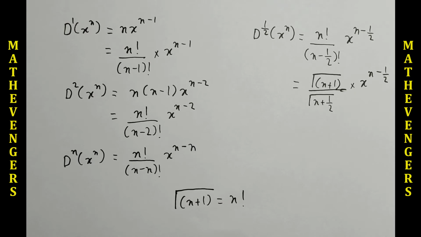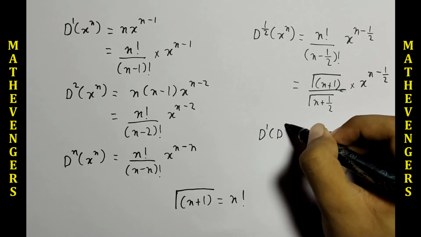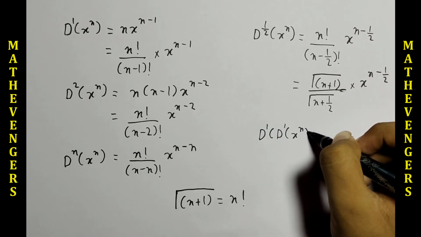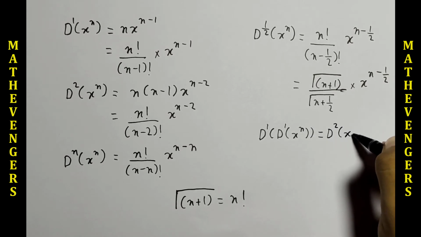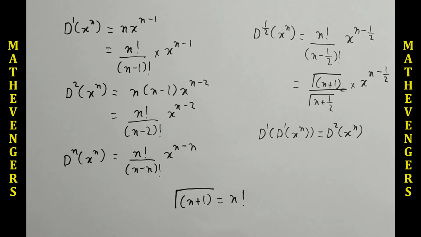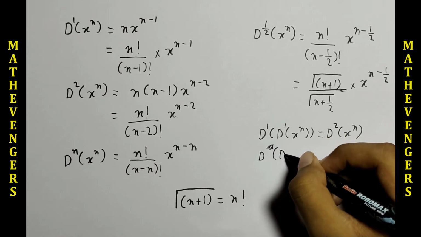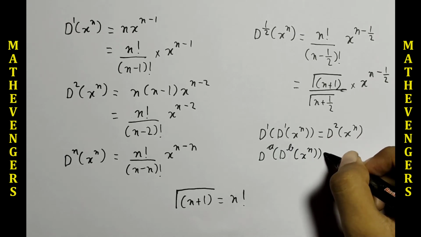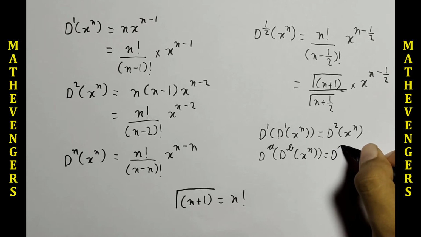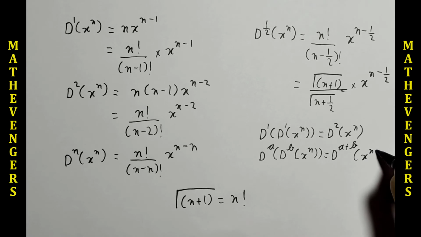Now let's check whether our answer is correct or not. We know that the half derivative of the half derivative of x to the n is equal to the first derivative of x to the n. So the a-th derivative of the b-th derivative of x to the n is equal to the a plus b-th derivative of x to the n.